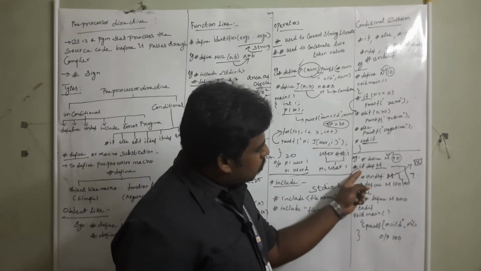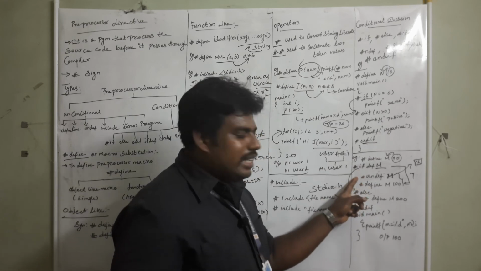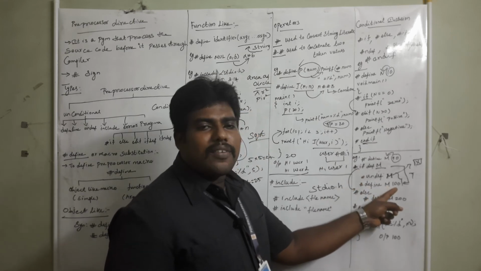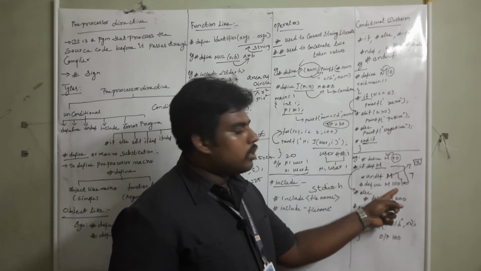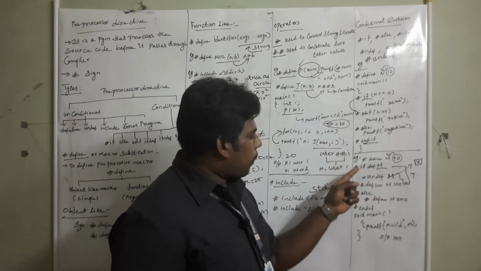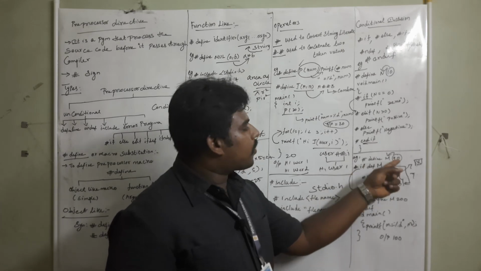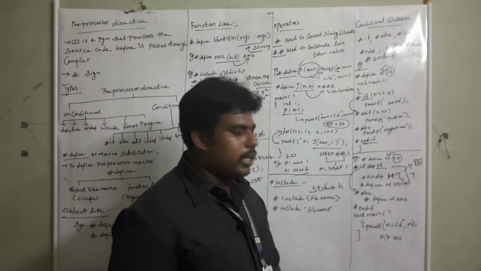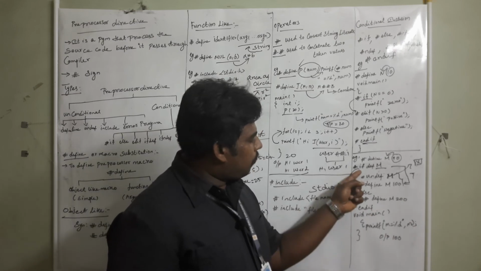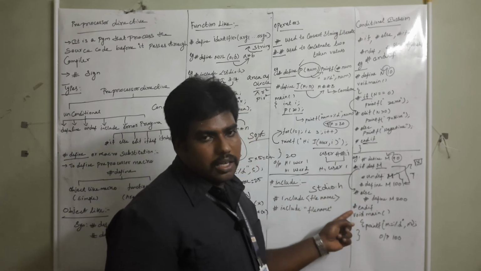If the condition is true, it will undef and redefine the value 100. 90 will be replaced by 100 after undefing. Suppose if the condition is false, if nothing is here, what will happen? It will define the m value as 200. As you are using if, it will end with endif.